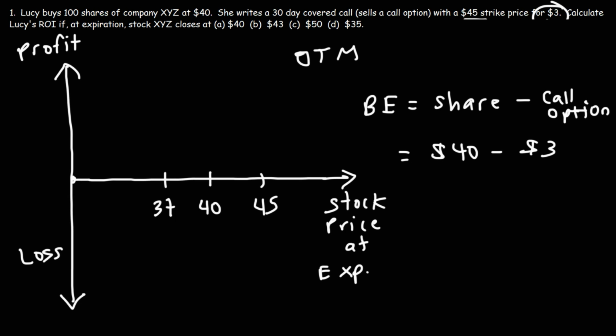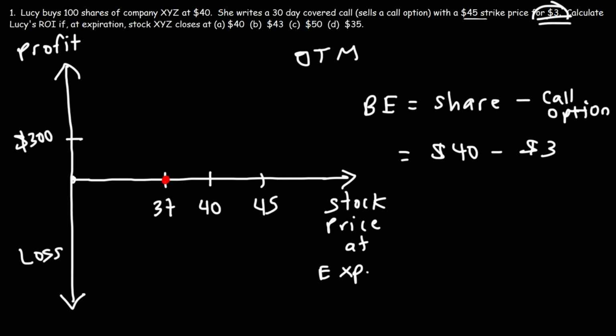So now let's put some numbers to this graph. So the break-even point, 37, we can plot a point on the x-axis. The profitability at the break-even point is 0. Now, if the stock closes at $40, we saw that she will receive a profit of $300 based on the price of the call option. So we could put that number here.